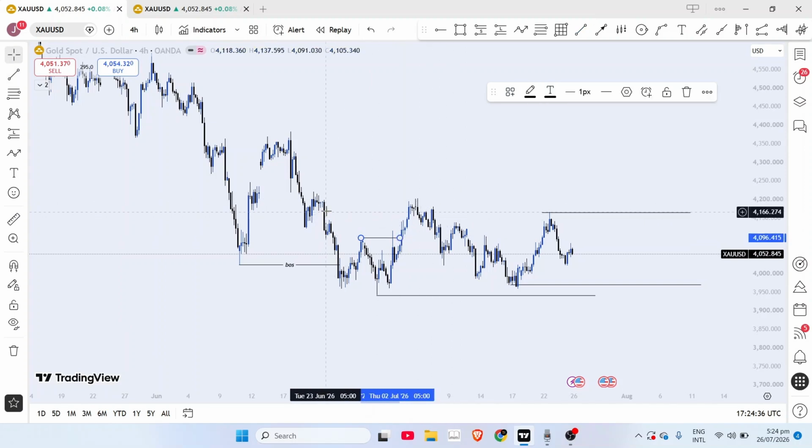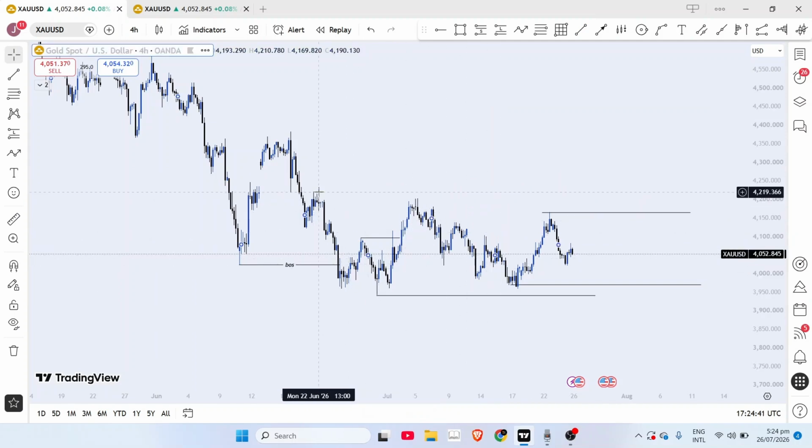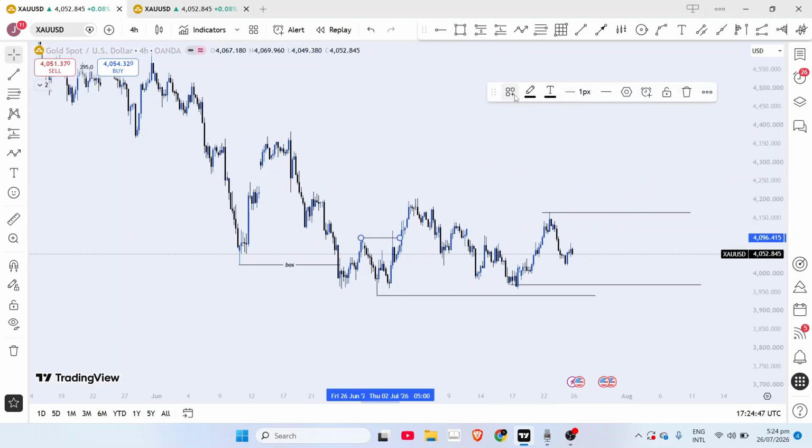Because ideally, to see gold going more bullish, I would want to see price take out this high. Let me mark this out as a change of character.